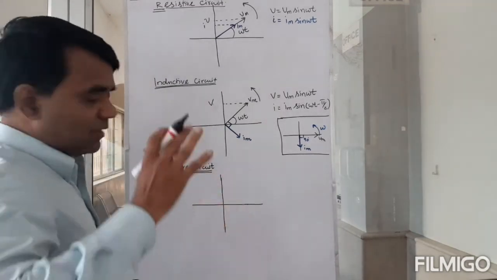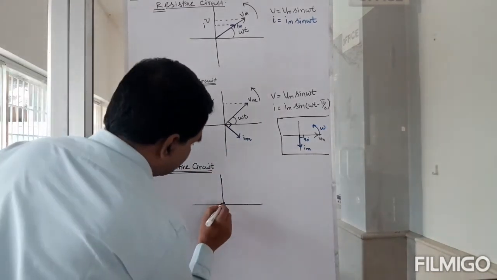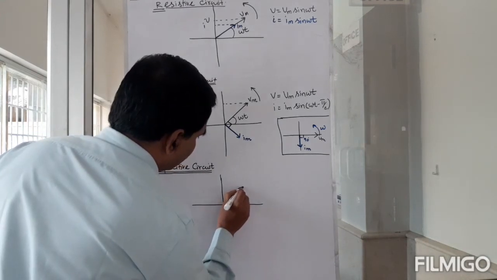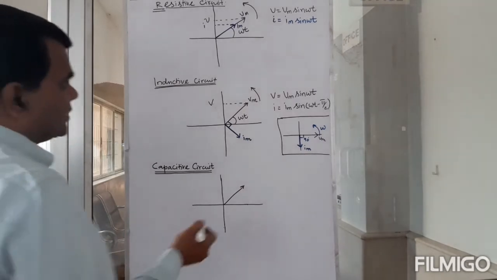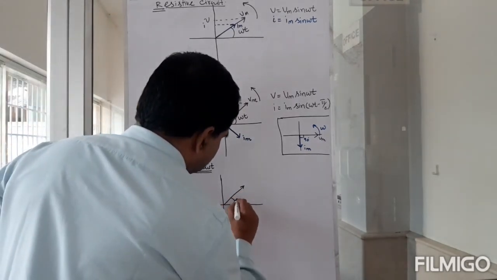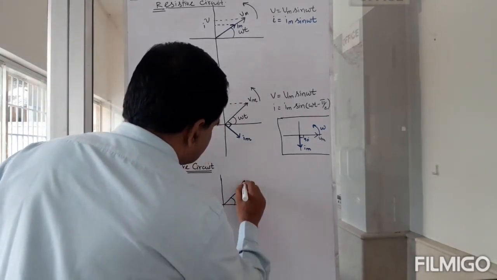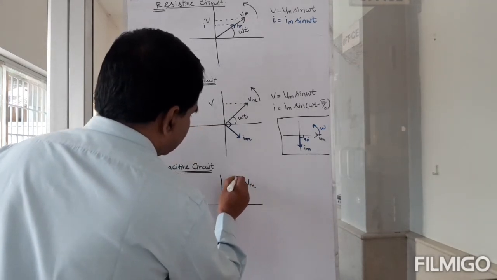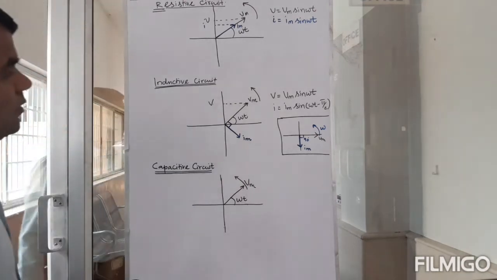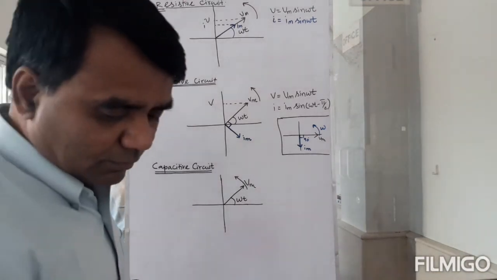And then I take some random time. At the random time, the voltage is 0. The voltage phasor is 0. Okay? So this angle is omega t, and then this is Vm. And something like that.